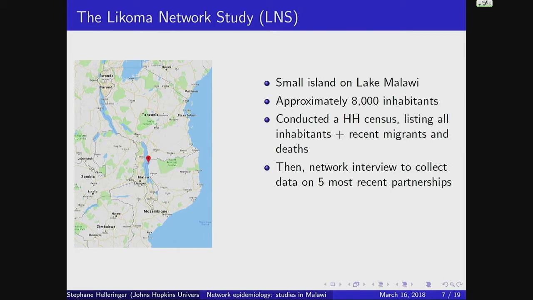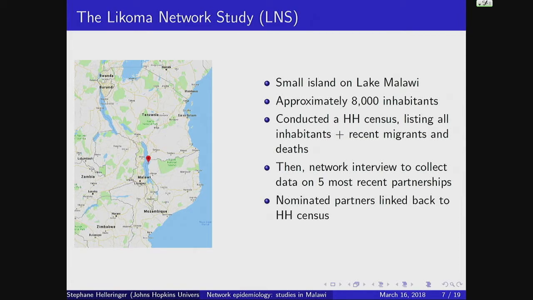Then we conducted a network interview with adults on the island to collect data on their 5 most recent partnerships, but contrary to other surveys, we tried to also collect the names and identifying information on the partners with whom they engaged in sexual relationships.